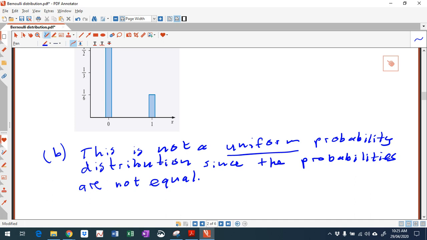Now, alternatively, you could have also said that the probability of success is not equal to probability of failure. So if you wanted to write something briefer, probability of success not equal to probability of failure.